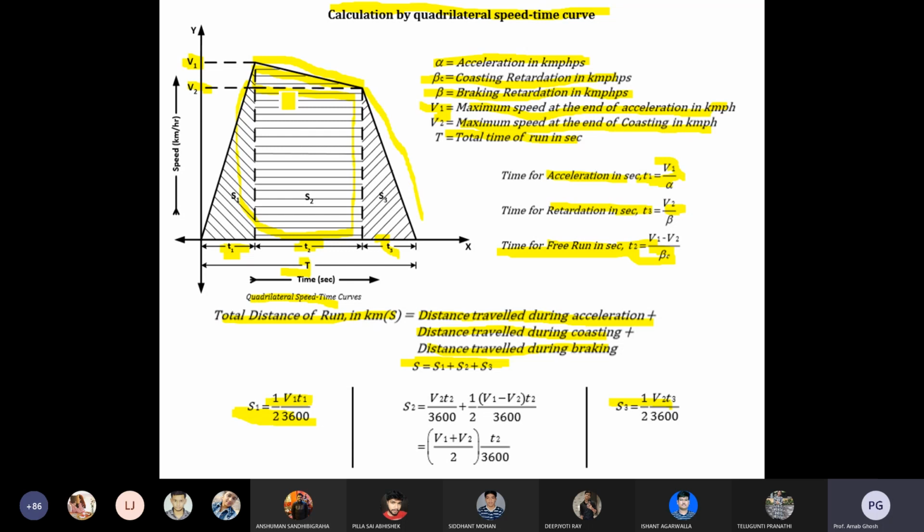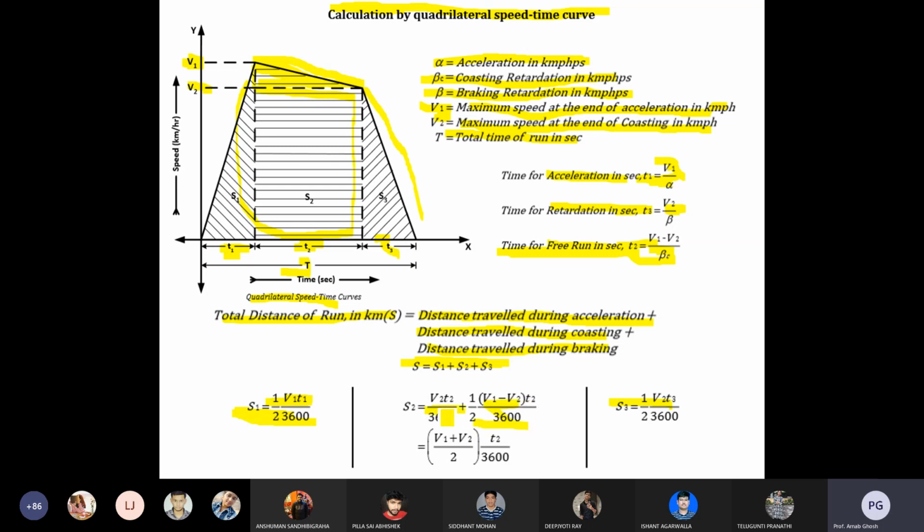You are converting into seconds. Then there is the triangle: half base into height, where the base is V1 minus V2 and the height is T2. So half V1 minus V2 into T2, again divided by 3600 for conversion into seconds.